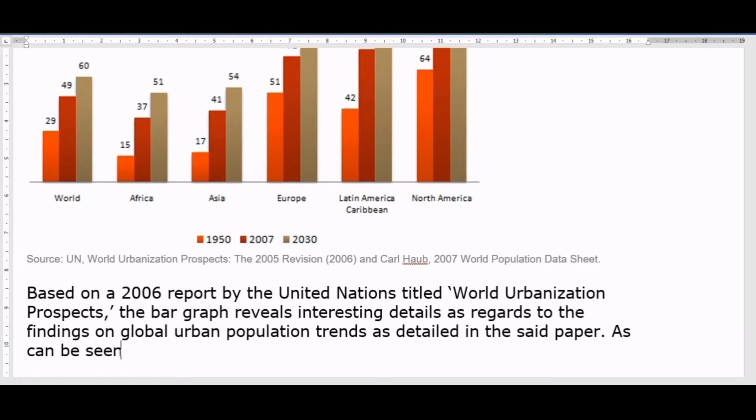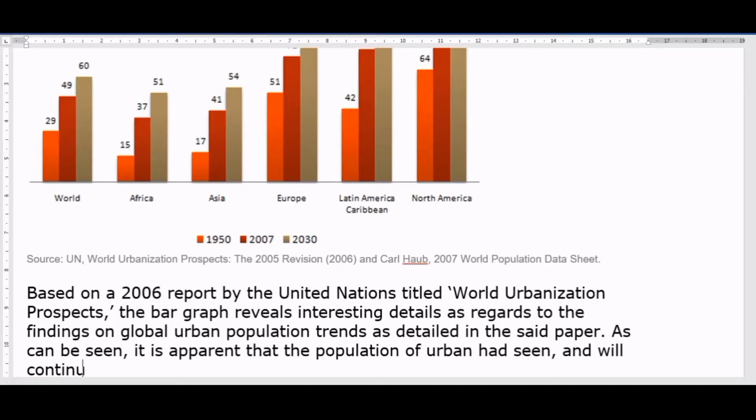As can be seen, it is apparent that the population of urban areas had seen and will continue to see massive increases over the span of decades.